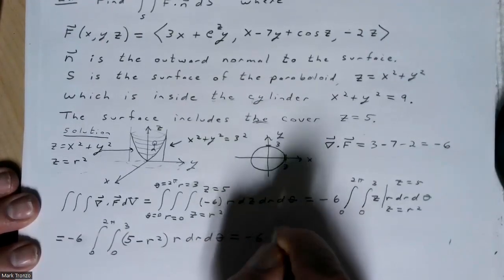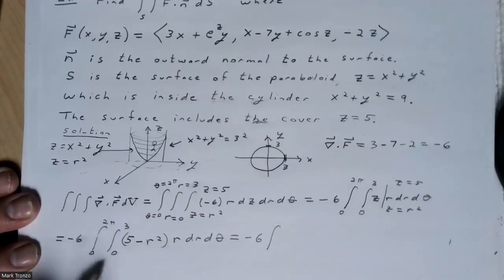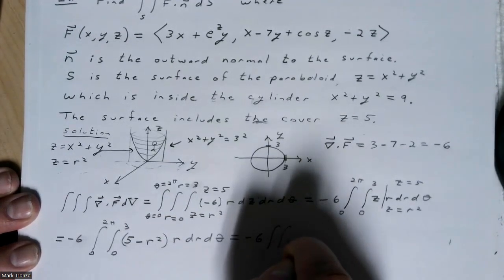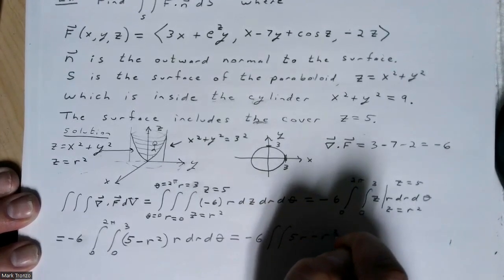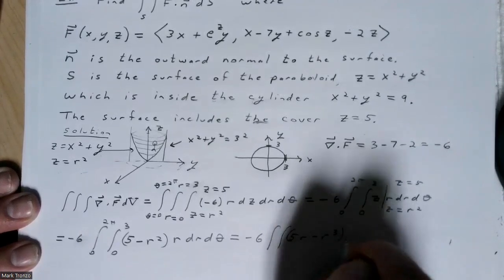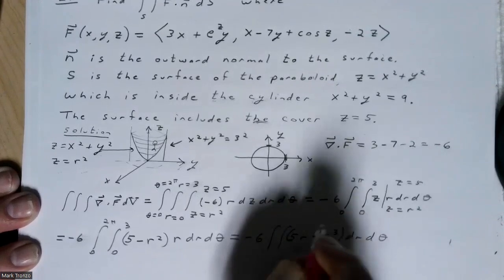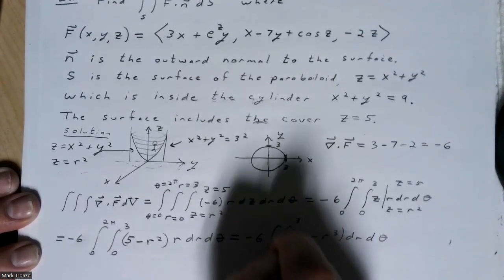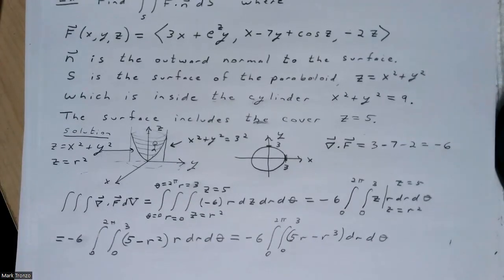So it's minus 6. And we're going to have to multiply this r in at some point, so let's multiply this in. 5r minus r cubed dr d theta, 0 to 3, 0 to 2 pi.